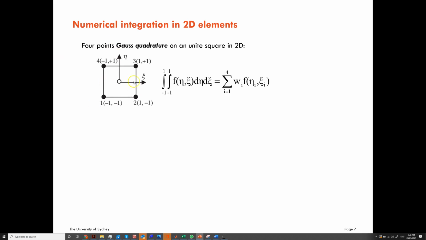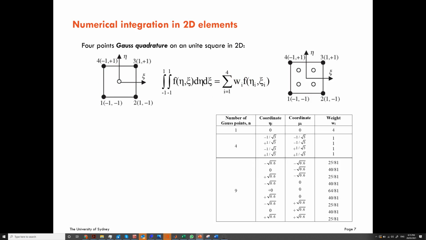So you approximate the integral with 4 Gauss points, then you have a sum over the 4 Gauss points. The Gauss points should be somewhere here, with the corresponding weights. The Gauss points are already given in the lecture notes, so I'm presenting them here.